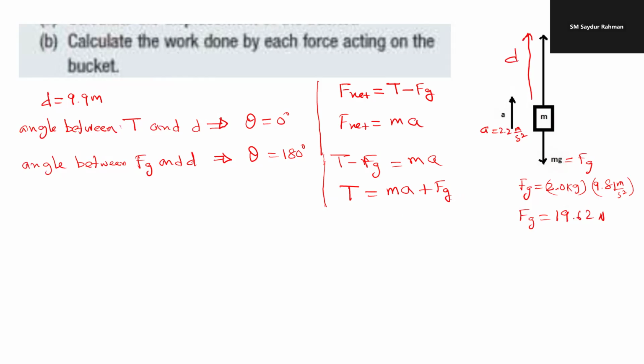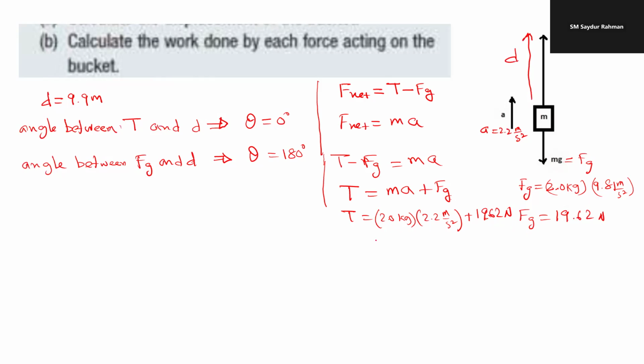Now I'll substitute all the values. m is equal to 2.0 kg, a is equal to 2.2 meter per second square, and Fg we just calculated, plus 19.62 Newton. So this is your tension T, and the first part, ma, is the net force.